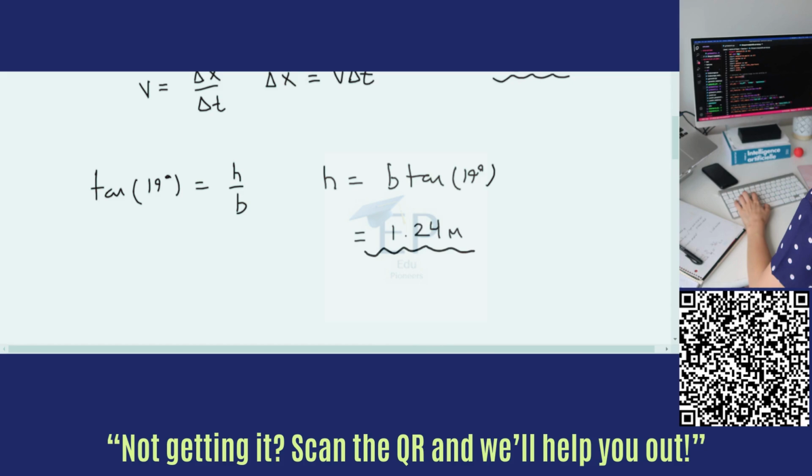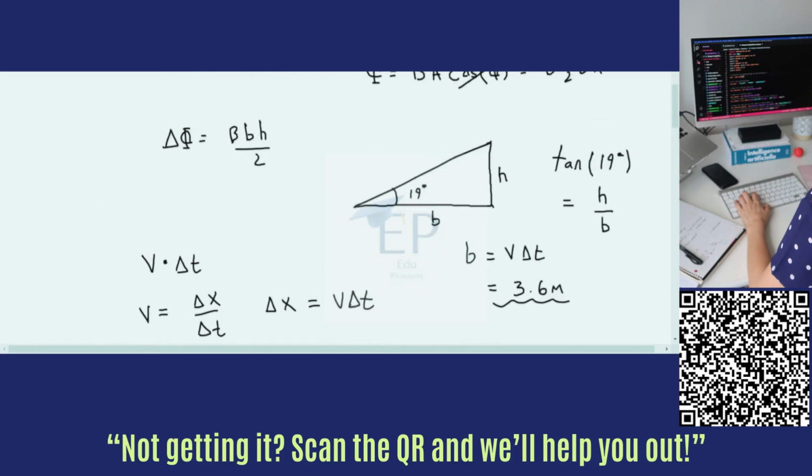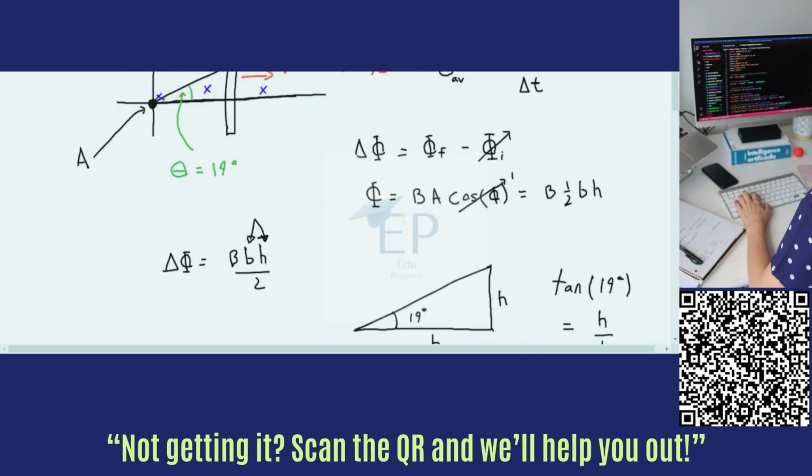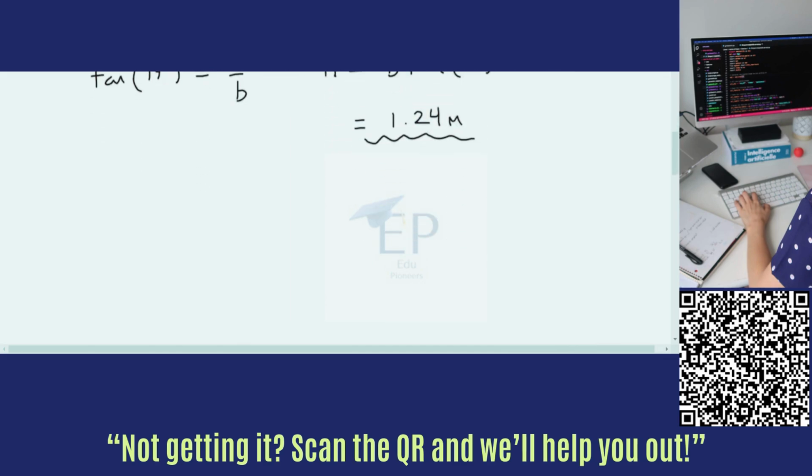All right. So now, since we have little b and little h here in our equation for the flux, we should have everything we need to calculate our induced EMF. So let's write out what our final equation is going to be.